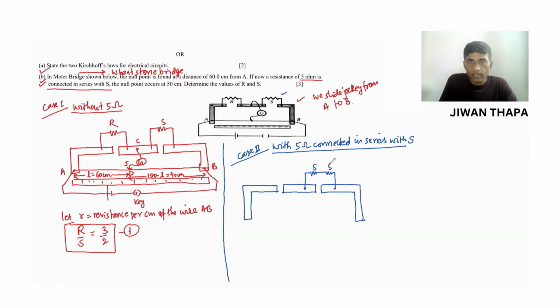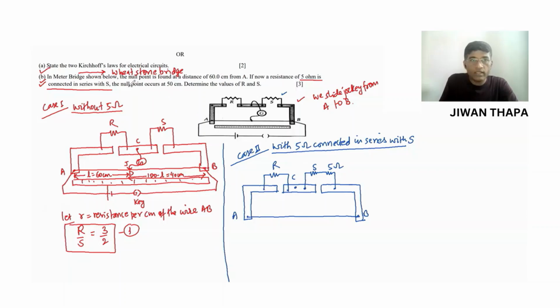This is S and this is 5 ohm. We have R. So this is C. This is B. This is A.